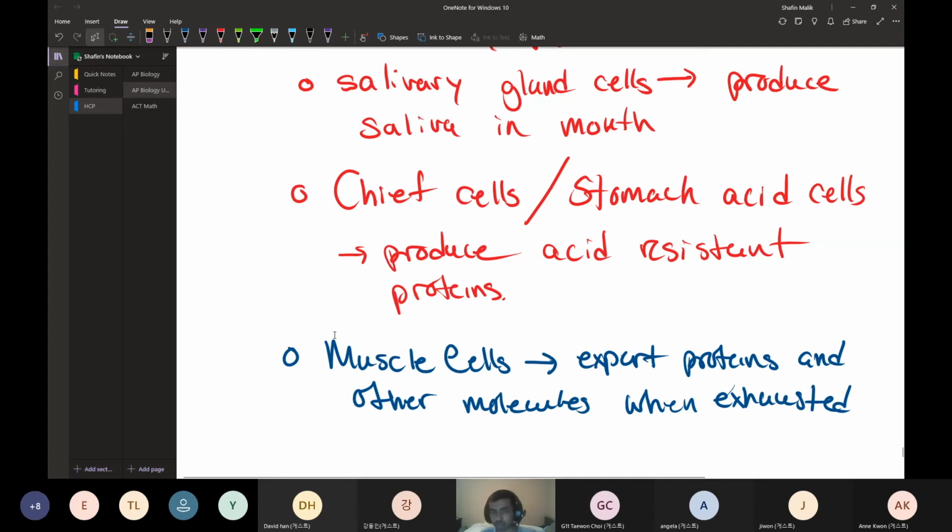Okay, so that's another example. Any questions about this before I move on to the next organelle?